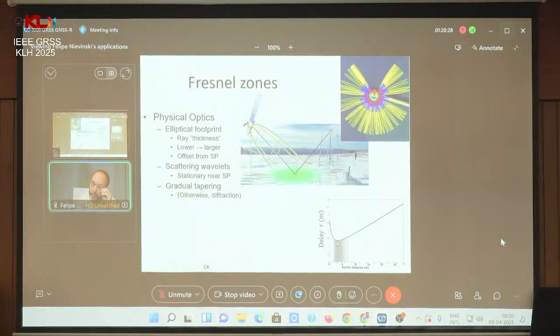Now, the Fresnel zone is offset from the specular point. The center of the ellipse is not at the specular point. You get one focus of the Fresnel zone at the specular point. So you may think of the specular point as the zero order.